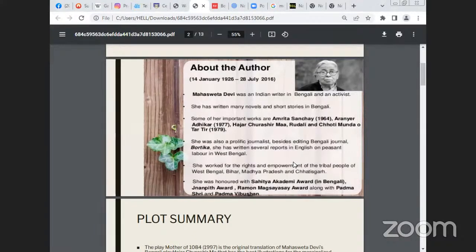She completely engaged with lower caste and tribal people, across the North Indian and East Indian belt, especially West Bengal, close to Bihar, Jharkhand, Chhattisgarh and Madhya Pradesh. She traveled extensively to document their lives, and she got many awards: the Sahitya Akademi Award, Ramon Magsaysay Award, Padma Vibhushan, and Jnanpith Award.